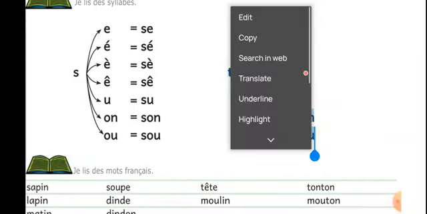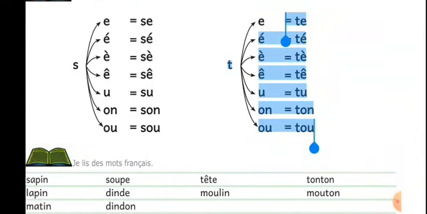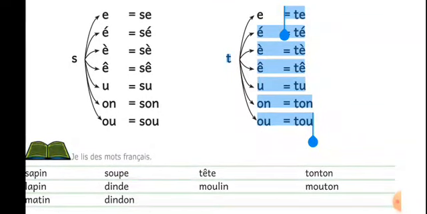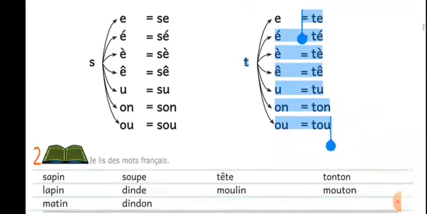And finally, we have the U sound right here. When we combine T and the U sounds, what do you obtain? We obtain tu. Yes, tu is the word we obtain. So we have T, U, tu.